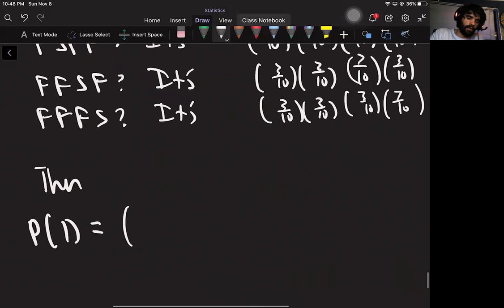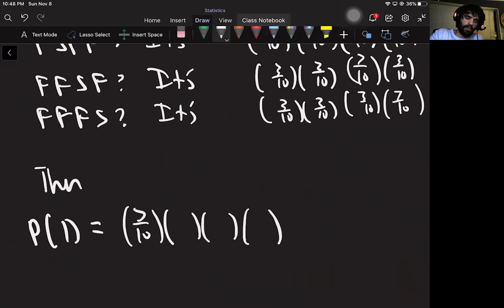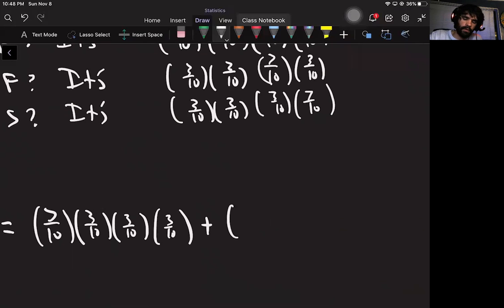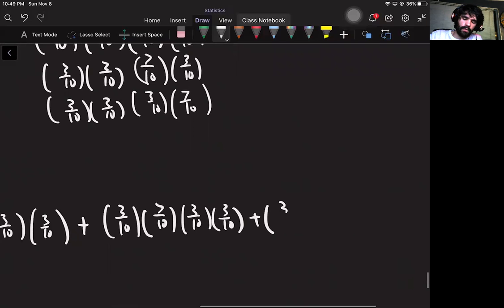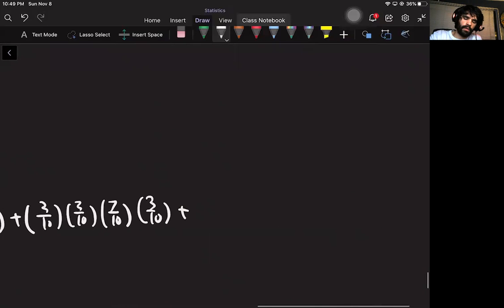It's going to be this giant thing. So I could make the first one and then miss the next ones. Or I could, and that's what I'm adding, I could miss the first, make the second, miss, or I could miss, make it, miss again, and then finally I could miss the first 3, and then make the last one.